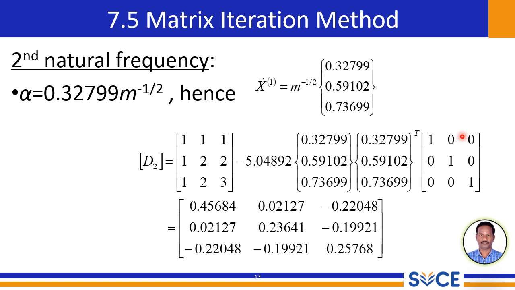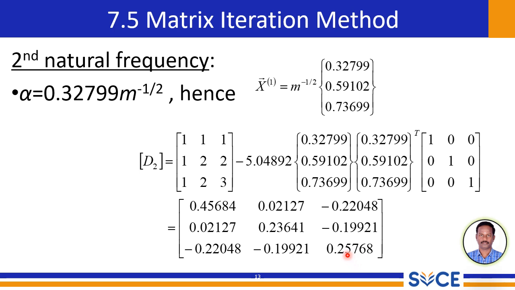After performing this matrix multiplication and subtraction, we obtain the deflated matrix D2, which is shown here. This new matrix now represents the system with the influence of the first mode of vibration removed completely.